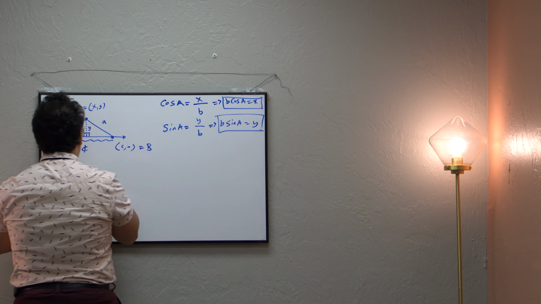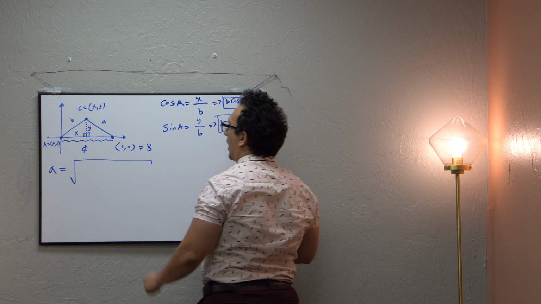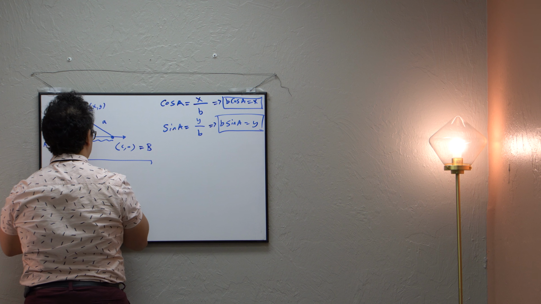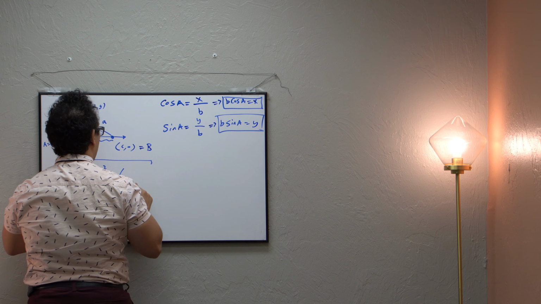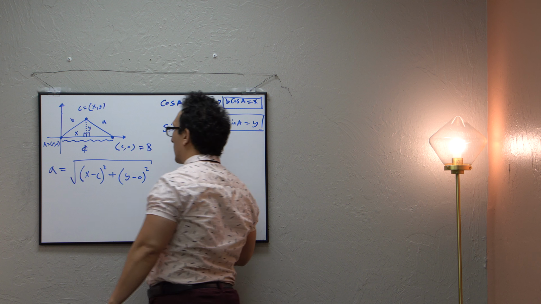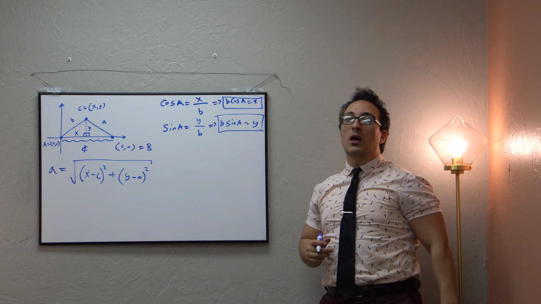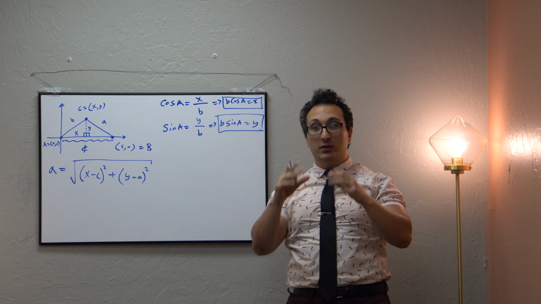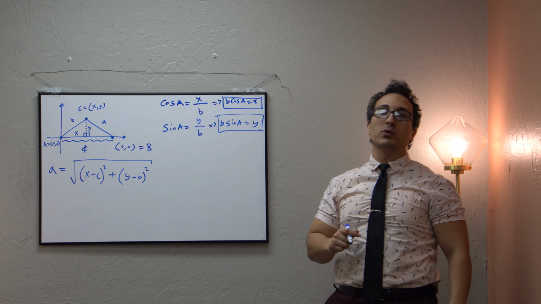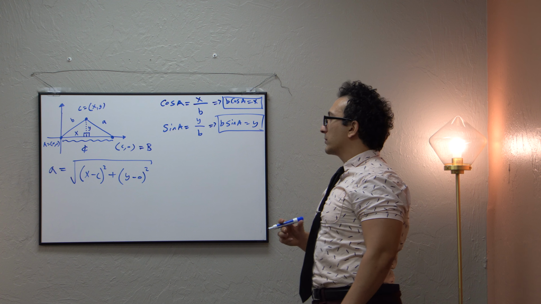And the distance formula between them, if we start from here and we go to here, we have final x minus initial c quantity squared plus final y minus 0 initial squared. That's the distance formula: x2 minus x1 quantity squared plus y2 minus y1 quantity squared. Square root that and you'll get the distance between two arbitrary points x1, y1 and x2, y2. So we just applied the distance formula here.